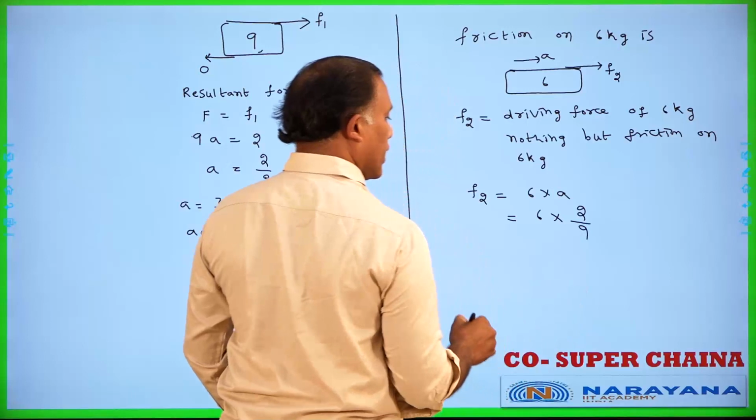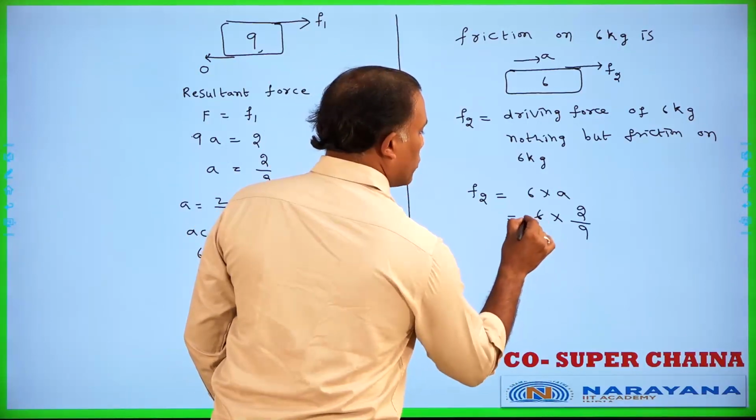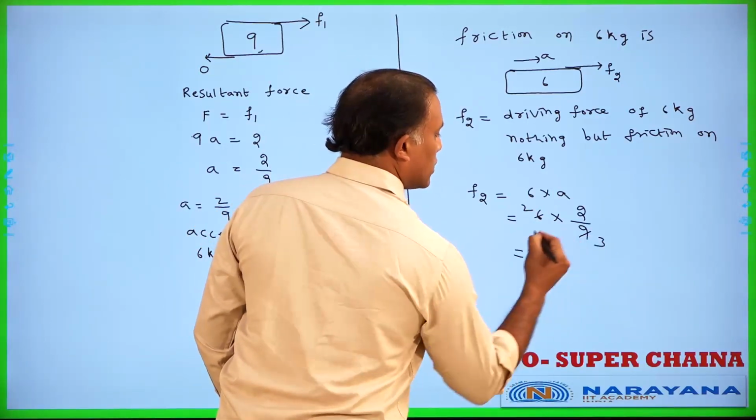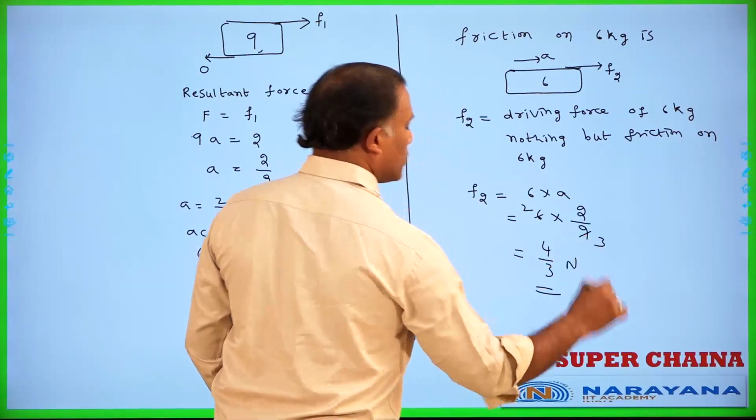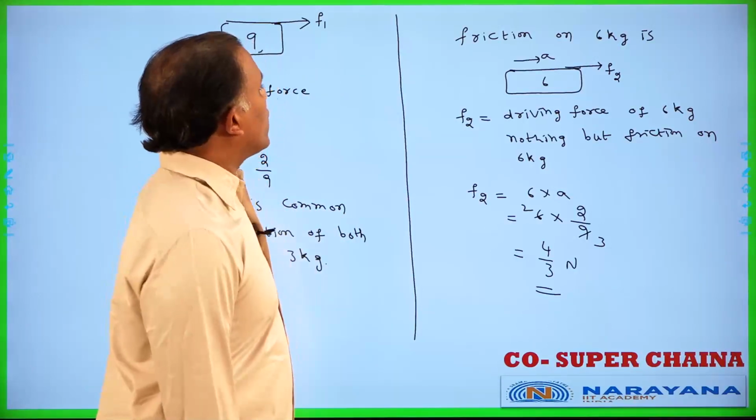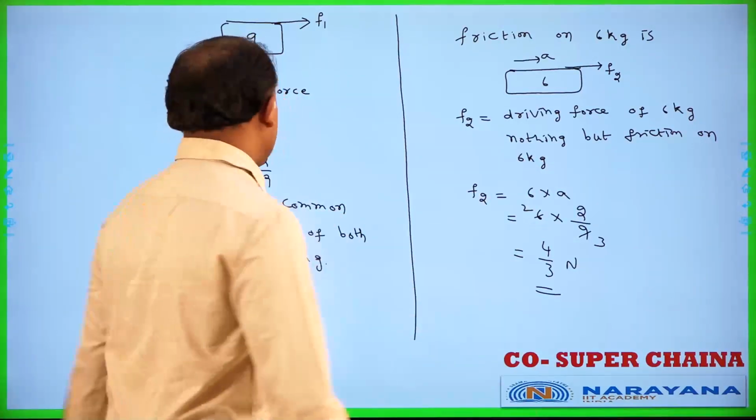So 6 into 2 by 9, 3 2s are 6, 3 3s are 9, so that is 4 by 3 Newton. That is the frictional force on the 6 kg block.